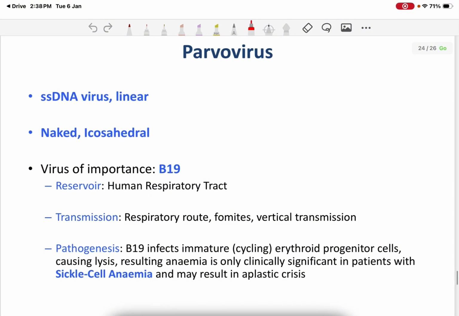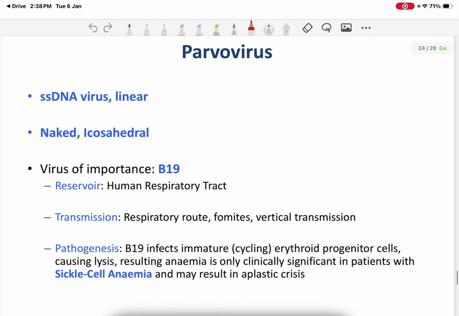And these are the important medically relevant aspects of the disease. Right.